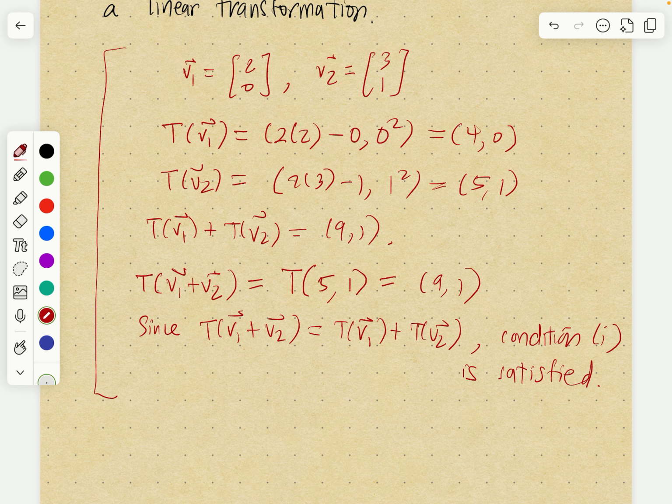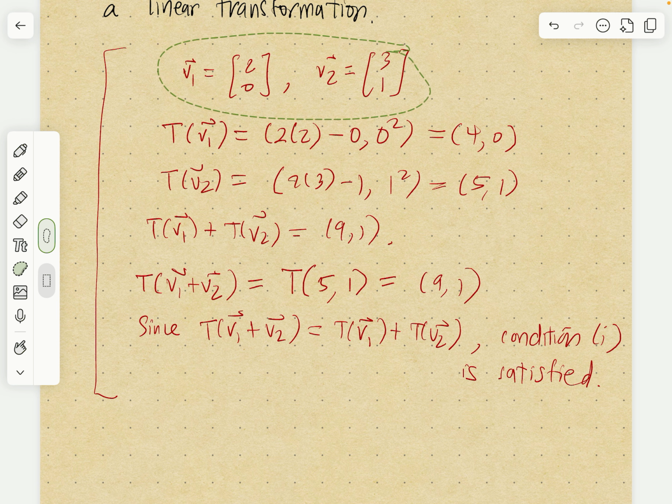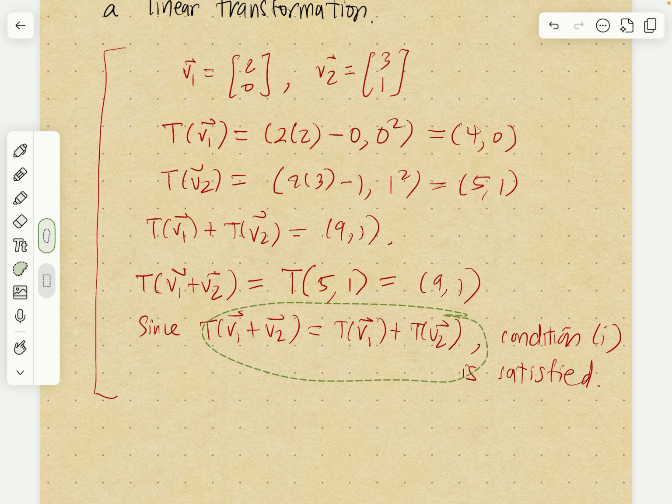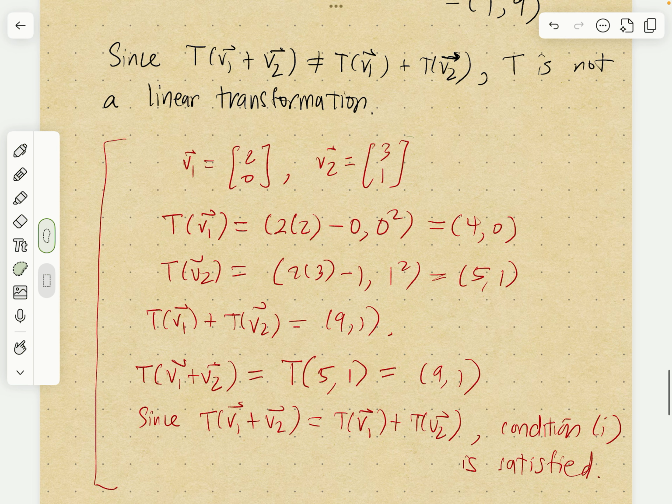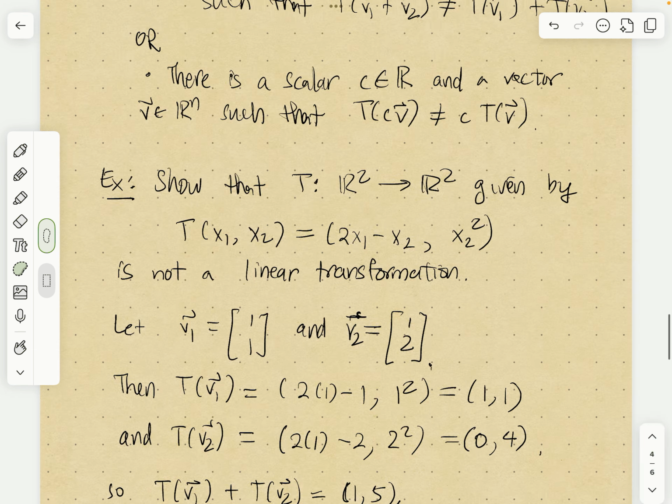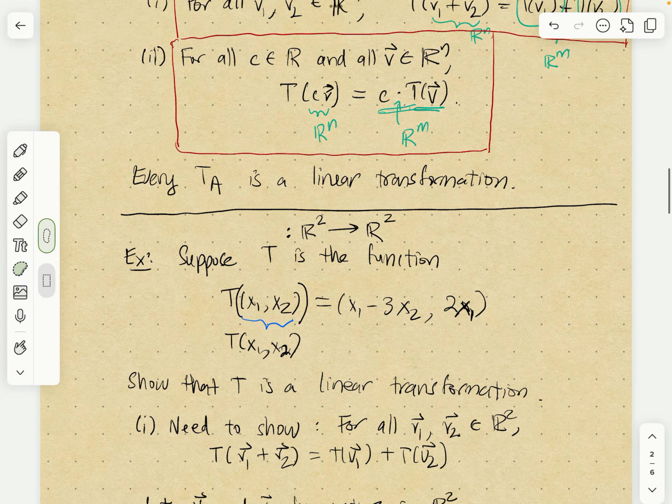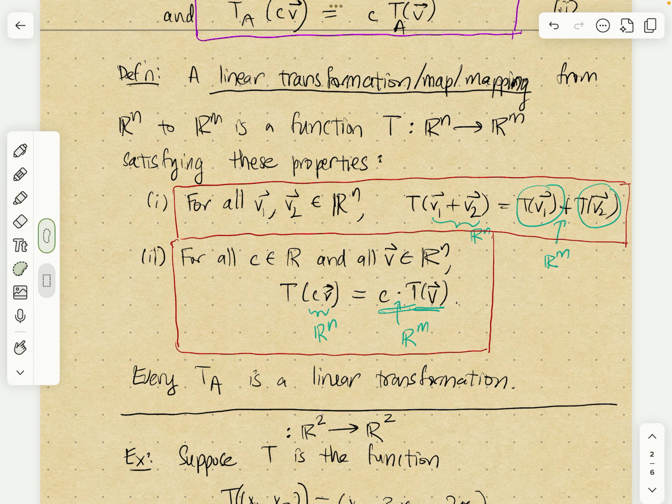The issue is that it is true that for this particular v1 and v2, the left-hand side matches the right-hand side. But that doesn't mean that it's always true, no matter what your v1 and v2 were. It was just a coincidence that for these particular v1 and v2, the equation holds. When you read what the actual condition is, don't just pay attention to the equation.